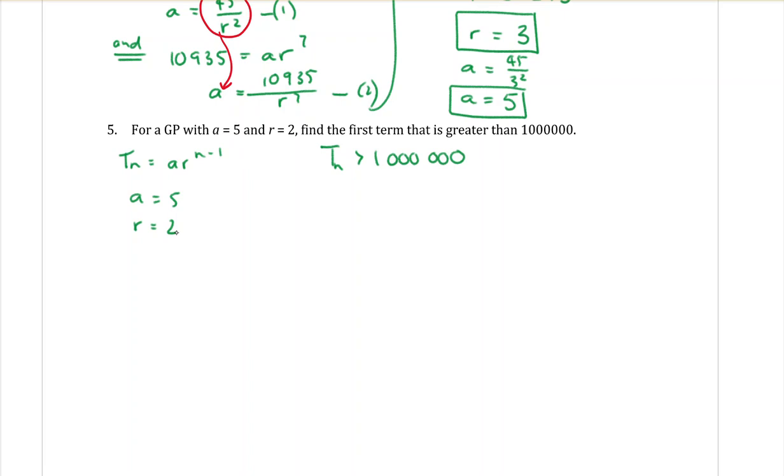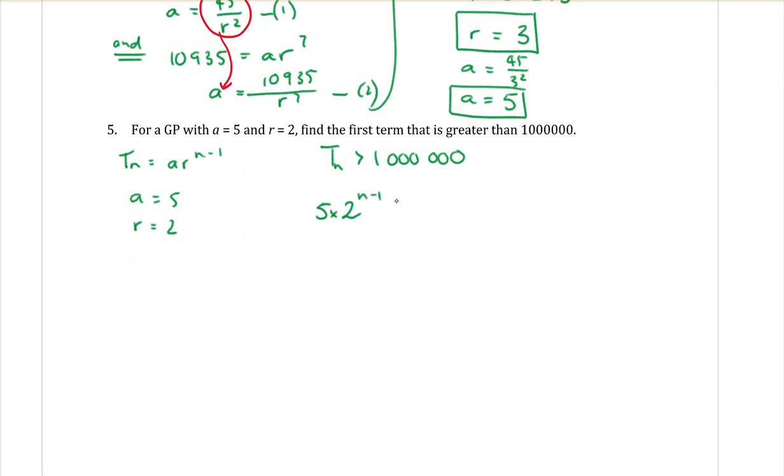So if I sub these into that expression, that's my term, right? So it's going to be, sorry, wrong way around. 5 is the a, 5 times 2, which is r, to the power of n minus 1.